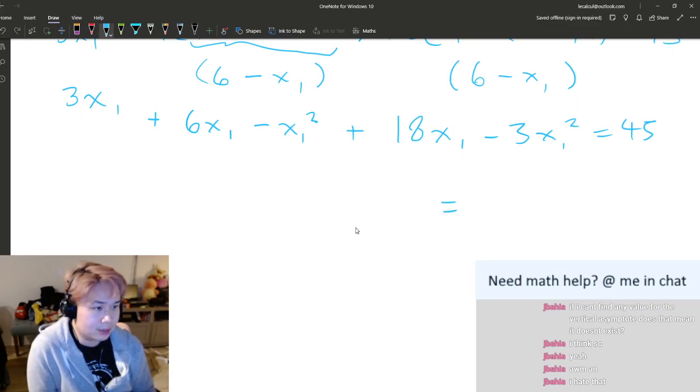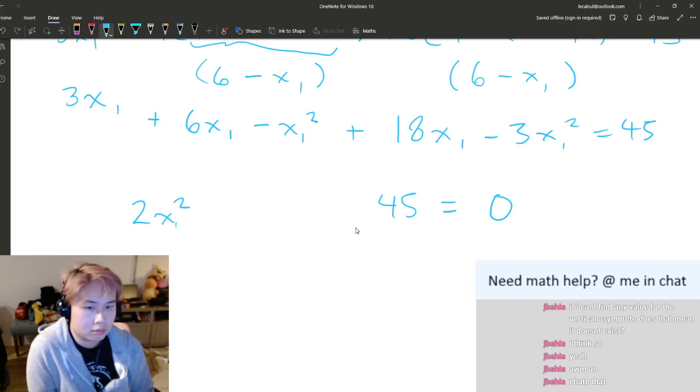So rearranging this formula, I think this is it. Let's see, that's 9.